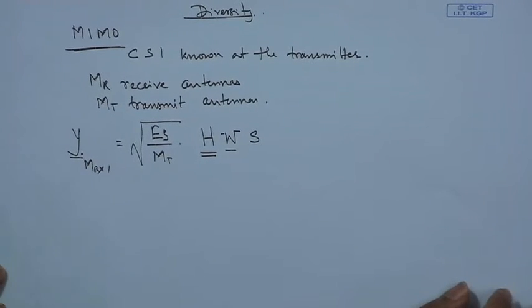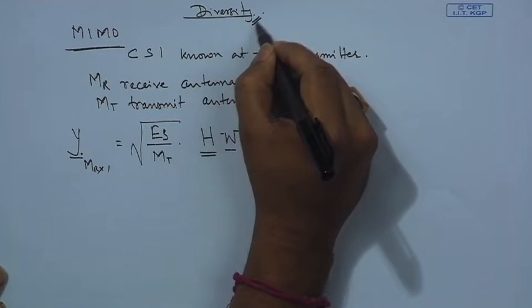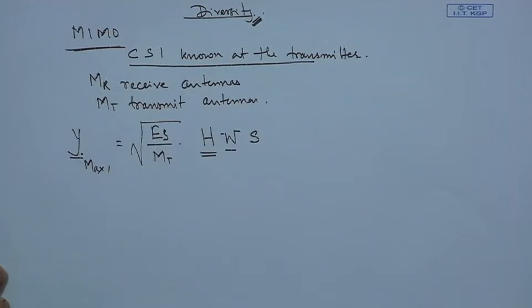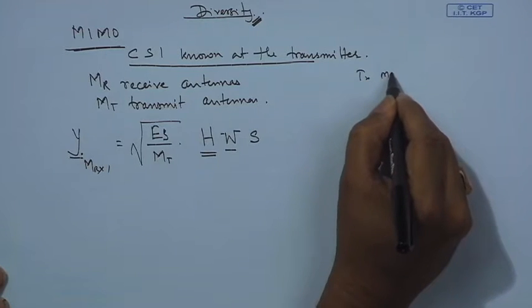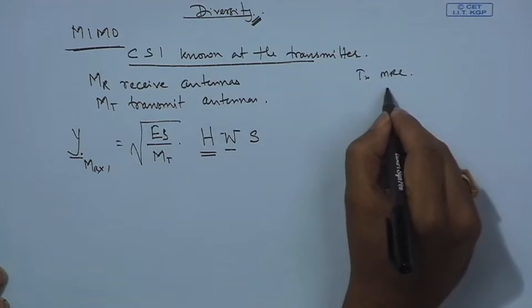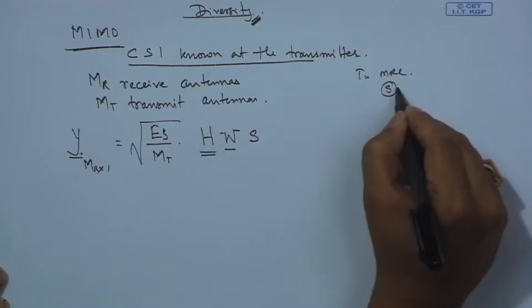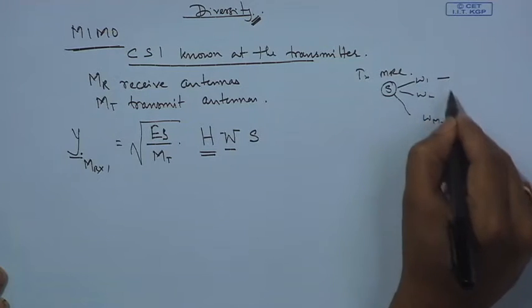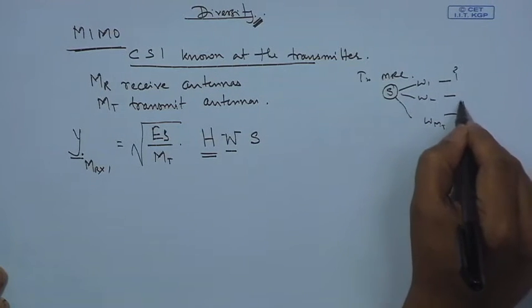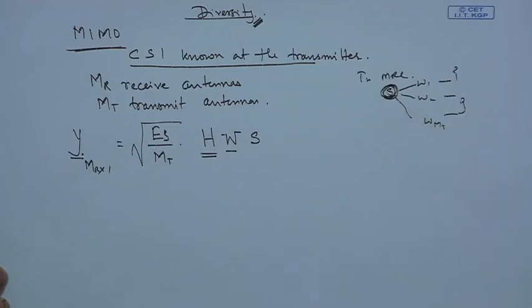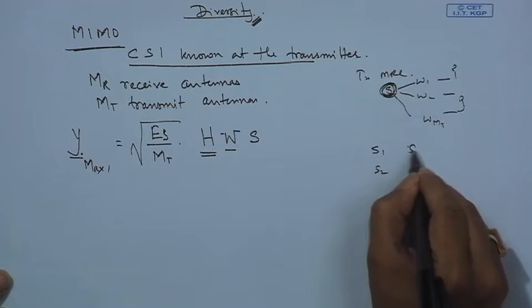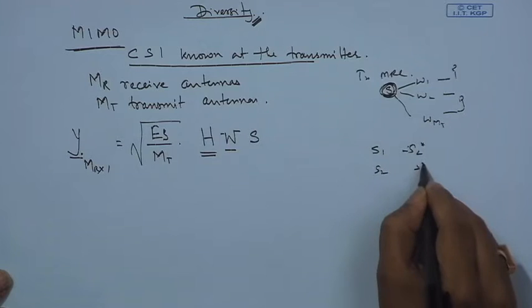Remember at this point, when we are doing diversity technique with CSI known at the transmitter, we already did one thing, which is the transmit MRC. In that case, we sent the symbol s across all the antennas, but weighted by appropriate weight vectors or coefficients. Because we are sending actually one data, we are talking about diversity. In case of Alamouti, we had s1 and s2, and minus s2 conjugate and s1 conjugate.